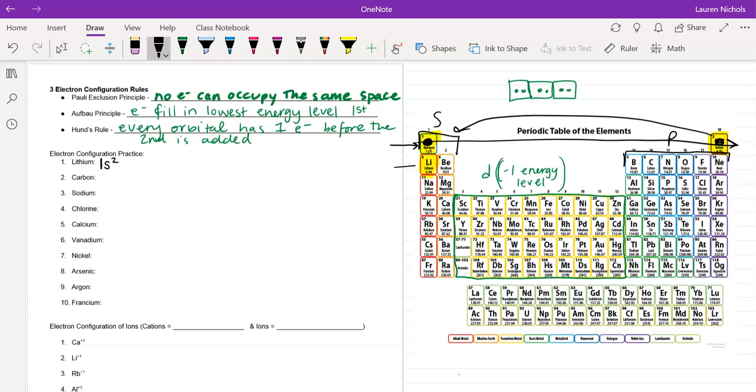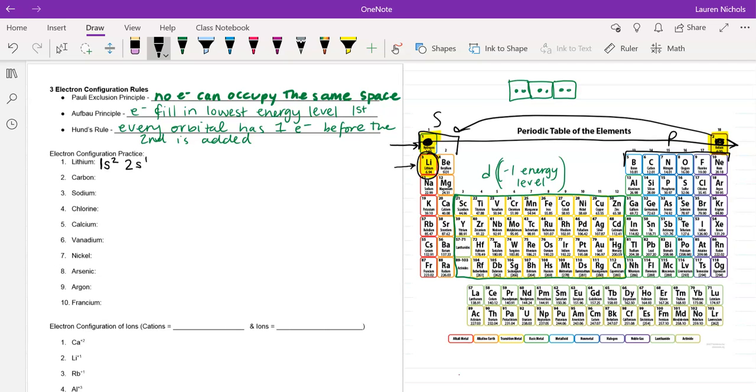And then I also read the second row, so the second energy level is also S, and lithium is the first one there. So I put the 1, and I'll stop because I've reached my address or the destination for lithium. So lithium has two orbitals, the 1s and the 2s, with 2 electrons in the first, 1 electron in the second.